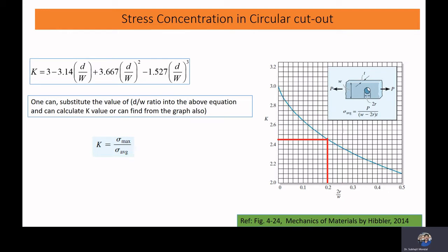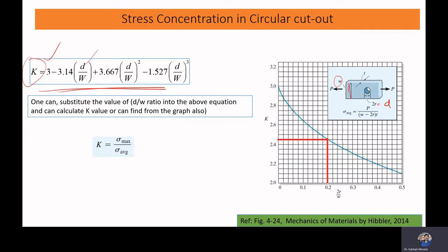we'll observe that our stress concentration depends upon the ratio of D and W. The stress concentration can be written in this form. Here you see the diameter of the cutout and the width of the plate; depending on that, our stress concentration factor varies.